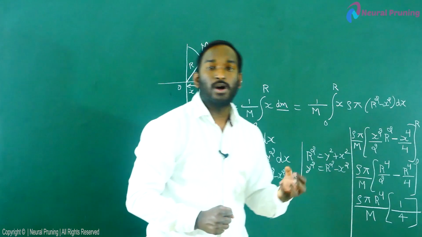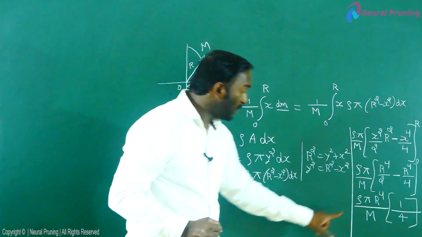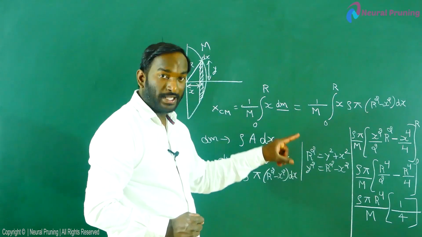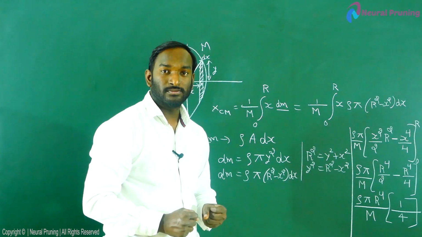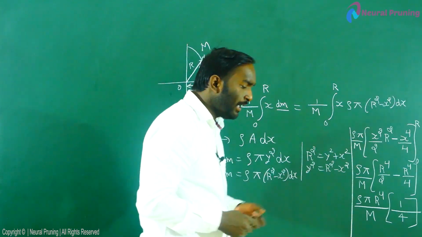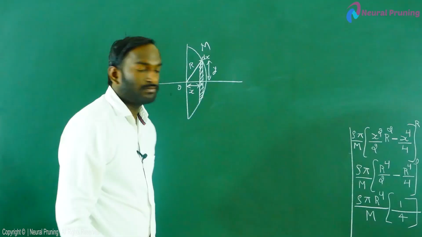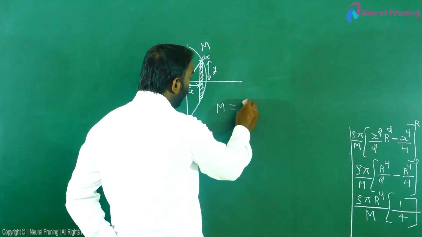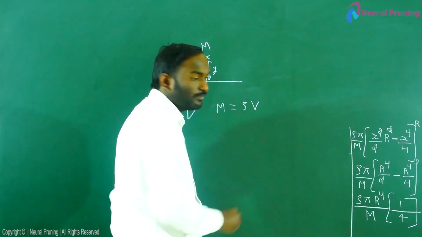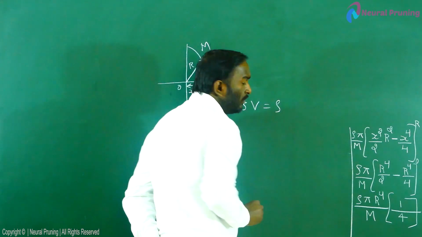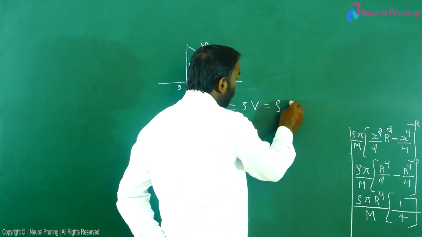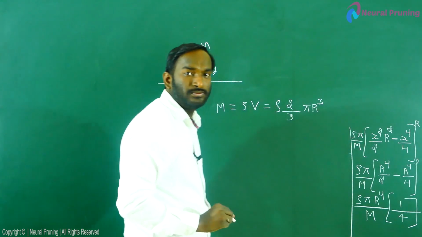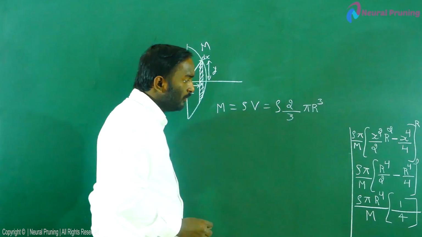Find the value of the mass of the hemisphere in terms of density. Again, same thing. Mass is equal to density into volume. What is the volume of the hemisphere? Therefore, mass is density into volume of hemisphere. Density into, what's the volume of the hemisphere? I told you it's 2 by 3 pi R cube. Substitute the value.